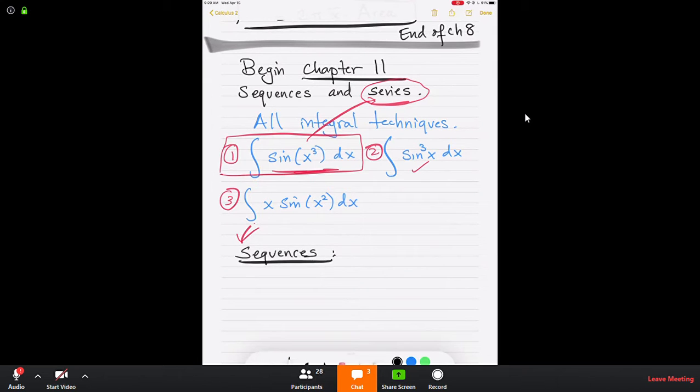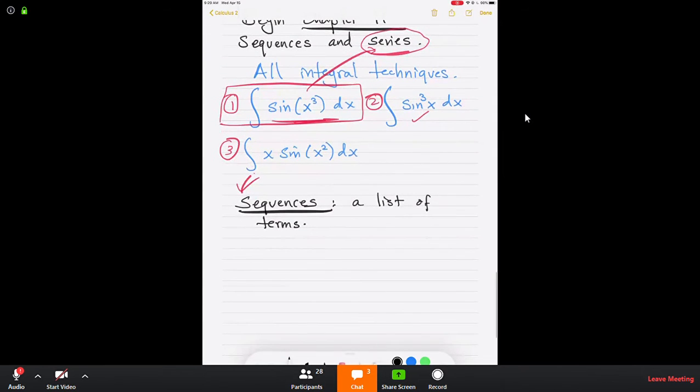So what are sequences? For me, a sequence is just a list. It is a list of terms. Well, what kind of terms? And a lot of notation now. So I'm going to say it is A1, A2, A3, A4, and so on and so forth. So how long is this list? Well, infinitely long.